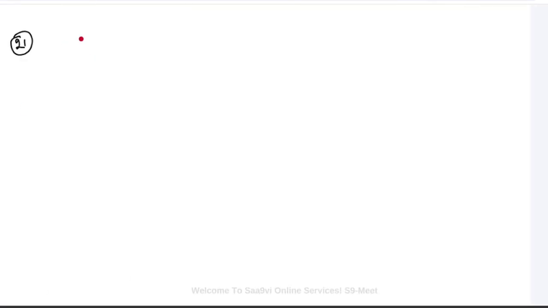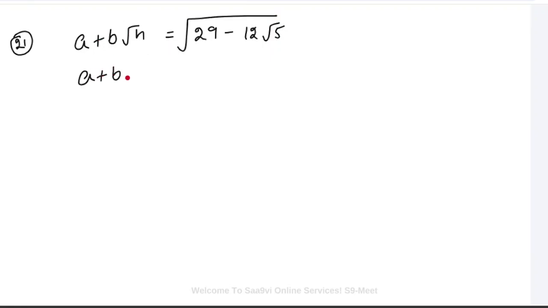So a plus b root n is the square root of 29 minus 12 root 5. We need to take a square root of this, that is equal to a plus b root n. That means a plus b root n whole square is equal to 29 minus 12 root 5.